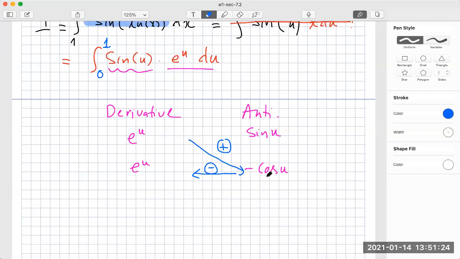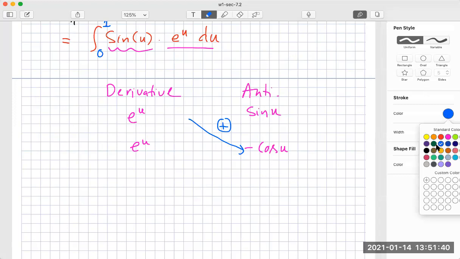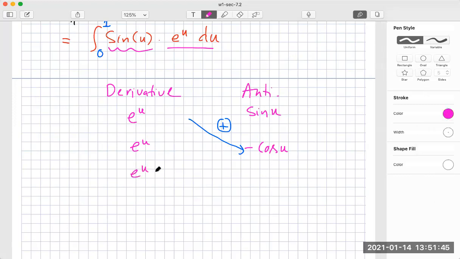They give us a good point, but let us do it one more time, integration by parts. If we keep taking the derivative on the left-hand side, what do we have? E to the u, and here the antiderivative of negative cosine? Yes, perfect.